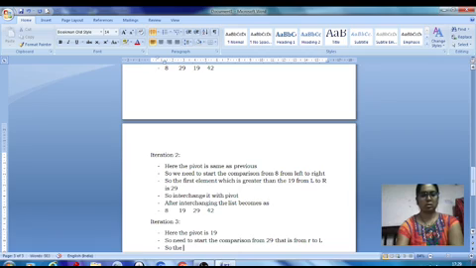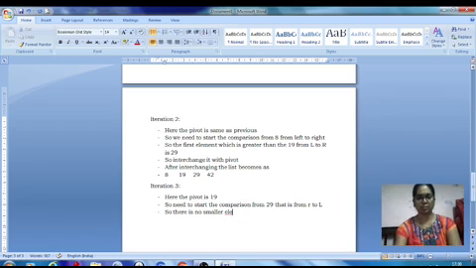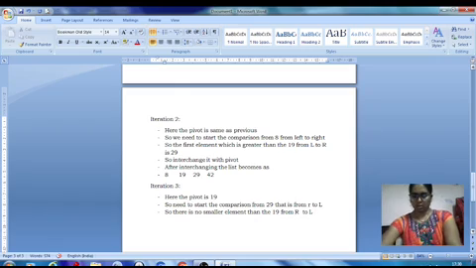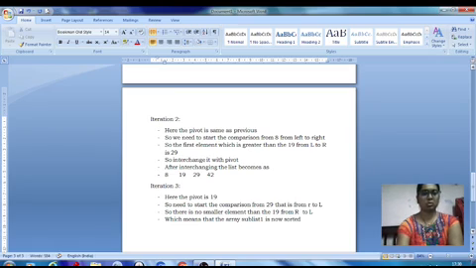So there is no smaller element than the 19 from R to L. Okay, now which means that the sublist 1 is now sorted.